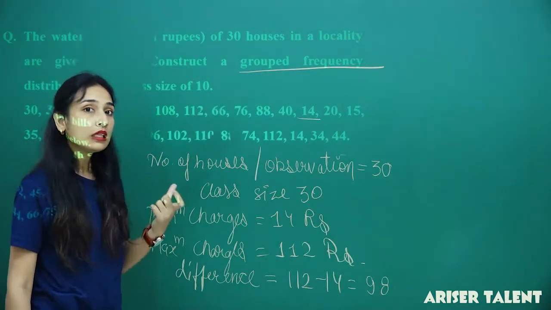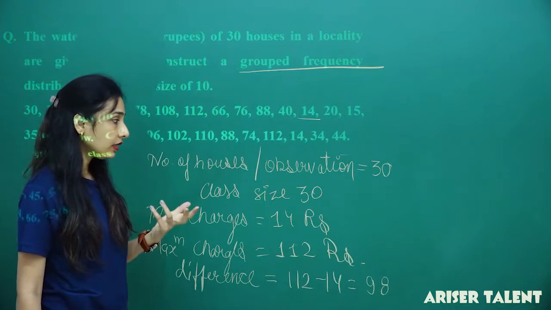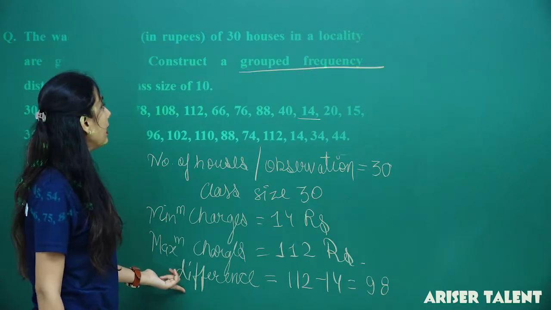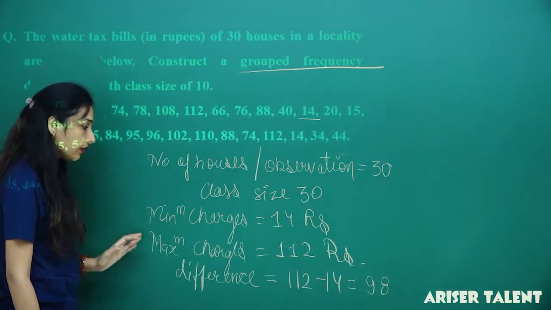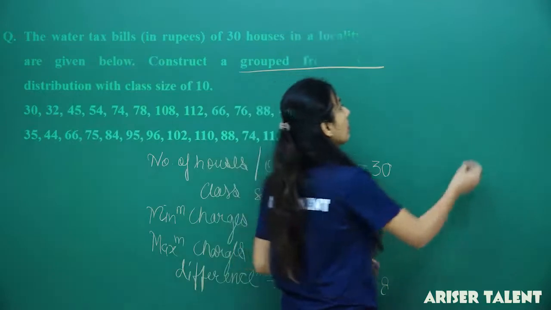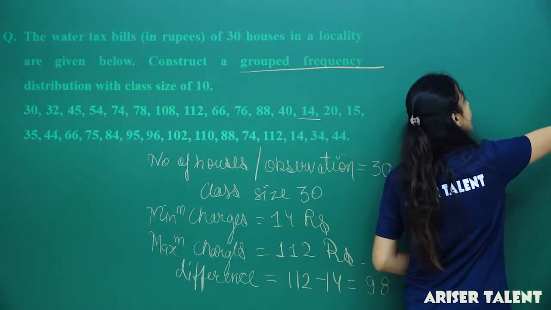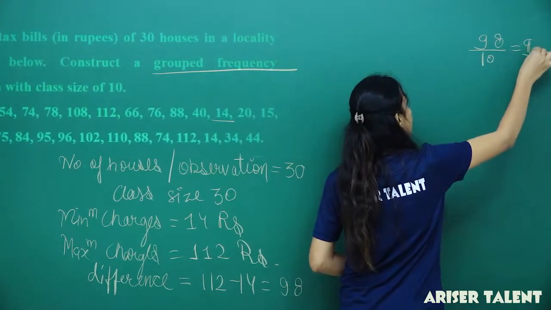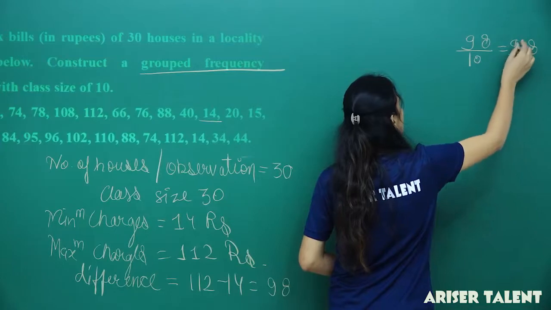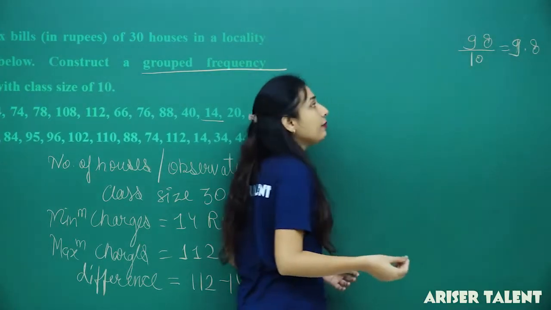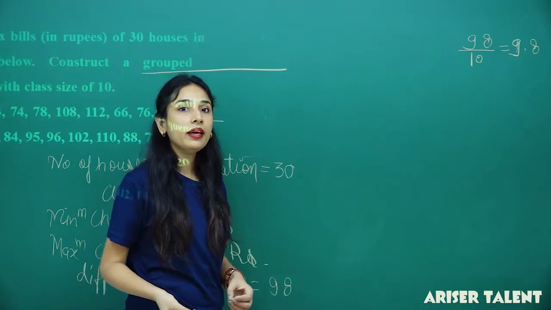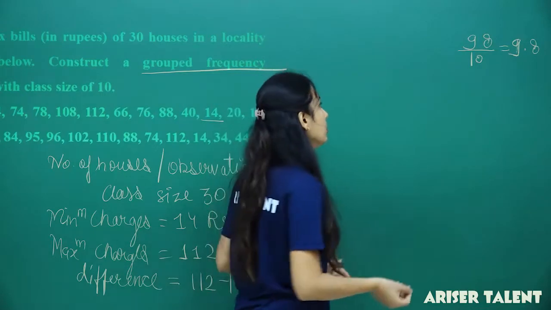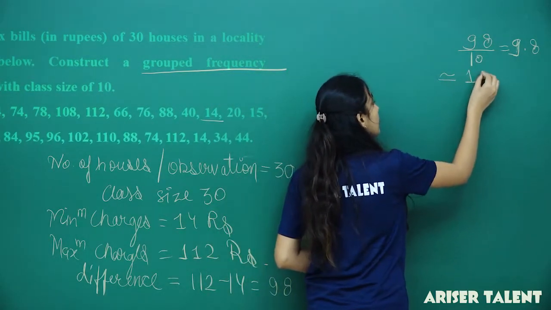So I have to make the groups. The class interval should be a group interval. So I have 98, and I have to make the class size of 10. So what will I do? 98 divided by 10 equals 9.8. But 9.8 cannot be taken. Why? Because it's a fractional number, I have to take a whole number. So this is approximately equal to 10.